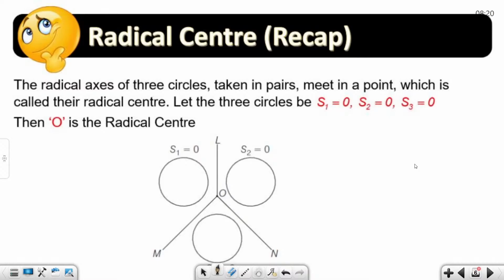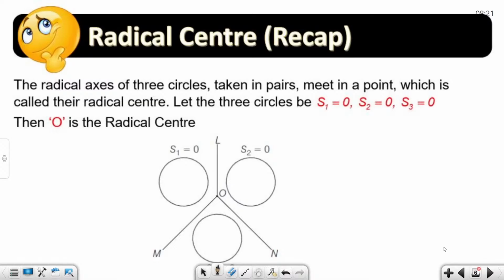That is, all those three radical axes are concurrent, and the point at which all the radical axes meet is what is called your radical center. How to find the radical center in problems? Solving two radical axes will give us the point of intersection, which is nothing but the radical center of the system of three given circles, right?